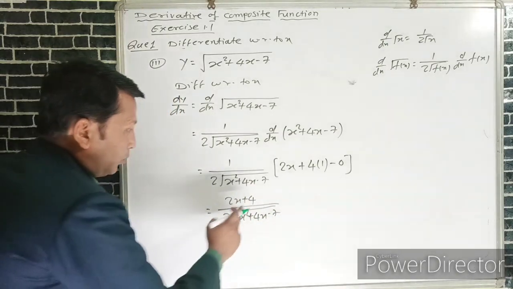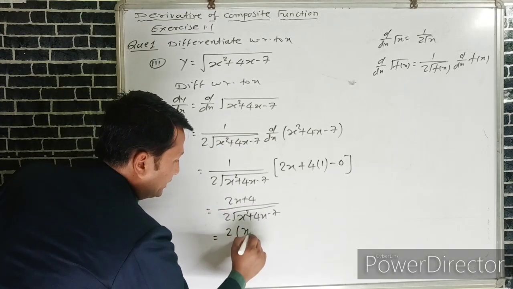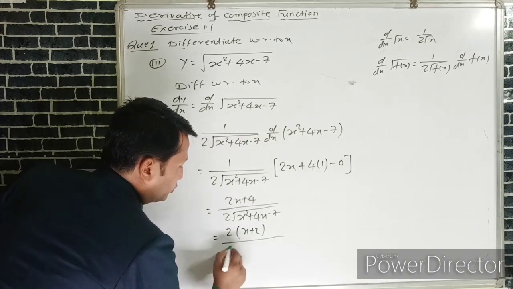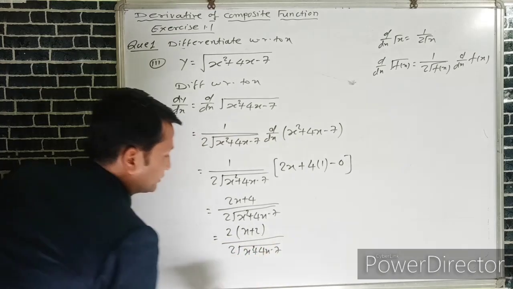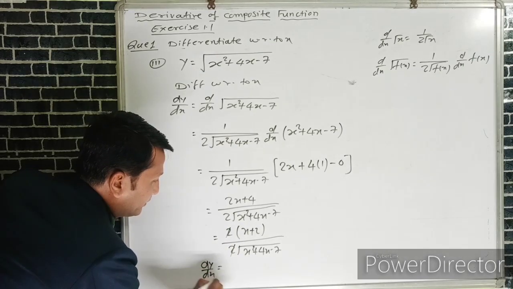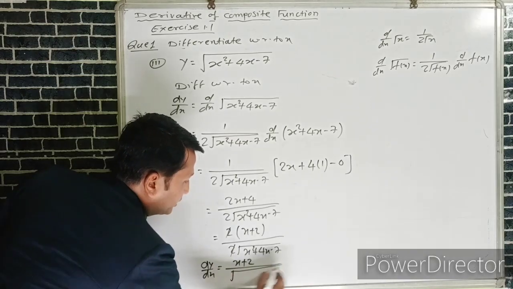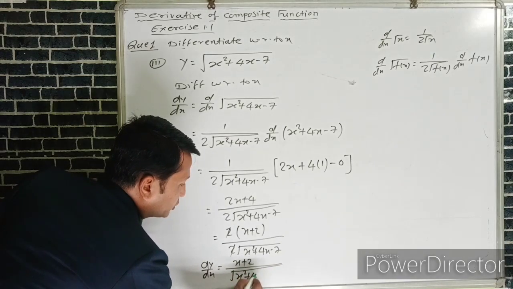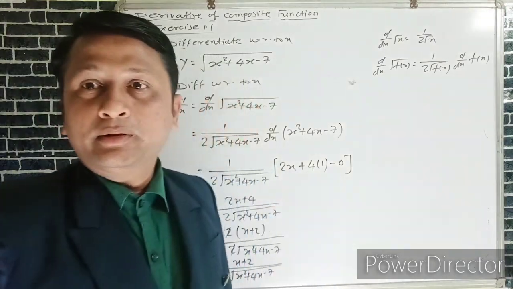After we take 2 common, we can write it x plus 2 upon 2 under root of x square plus 4x minus 7. If 2 is cancelled, then we can write dy by dx is equal to x plus 2 upon under root of x square plus 4x minus 7, which is the required derivative of the given function.